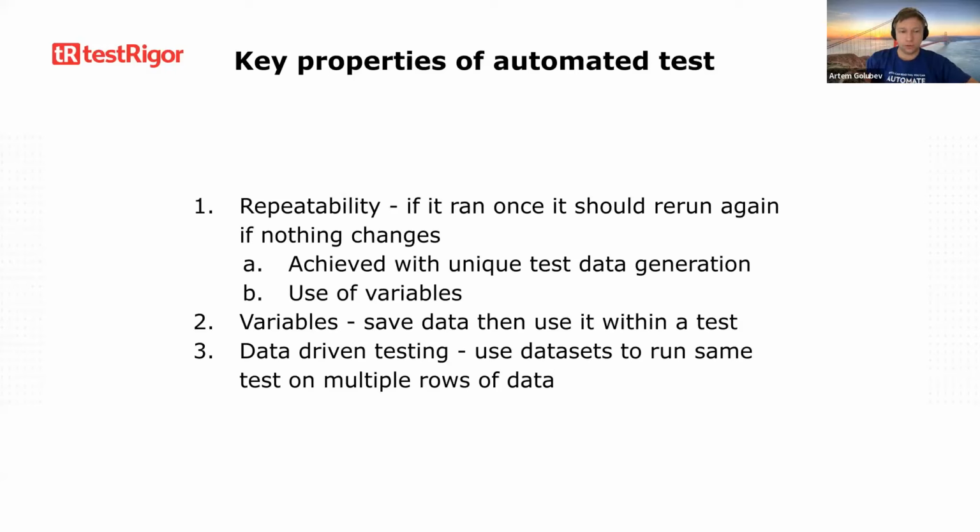Usually it's achieved with unique test data generation and the use of variables. An example would be signing up with Twitter again. You would need to generate a unique email every single time you go through the sign up process.